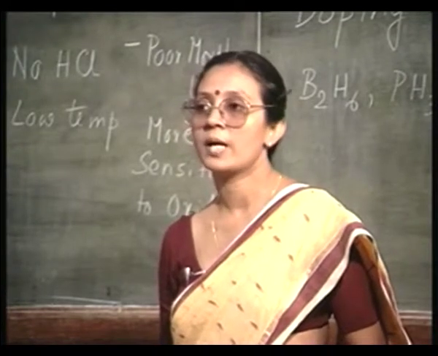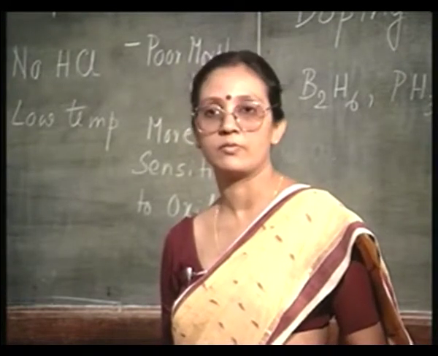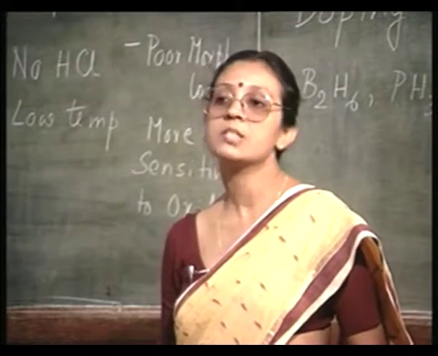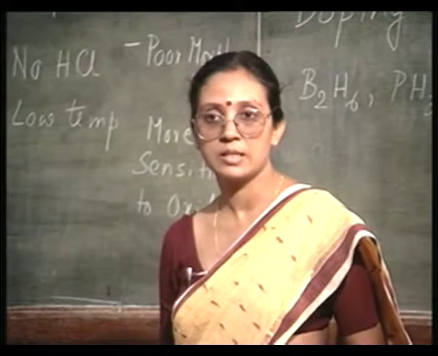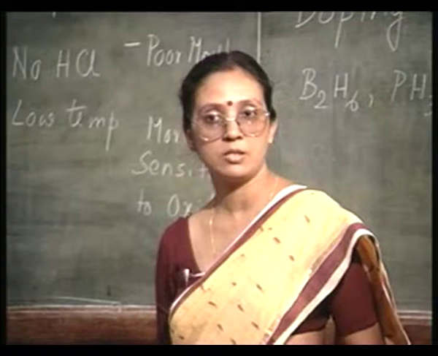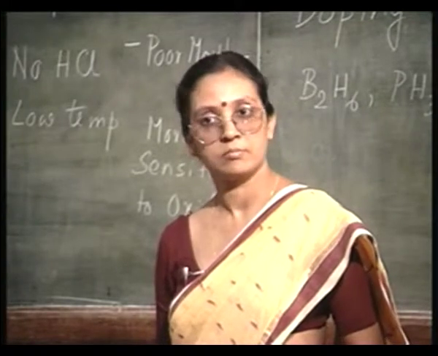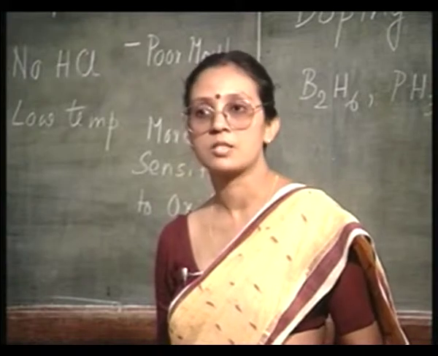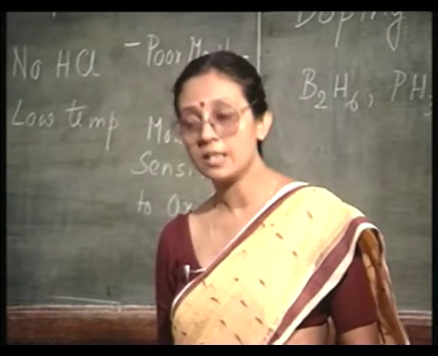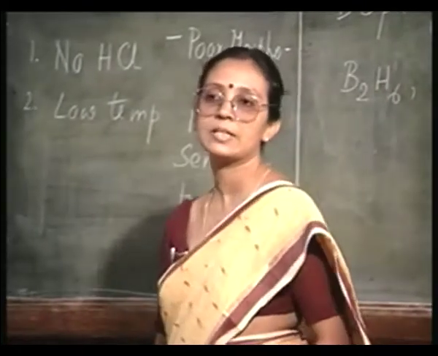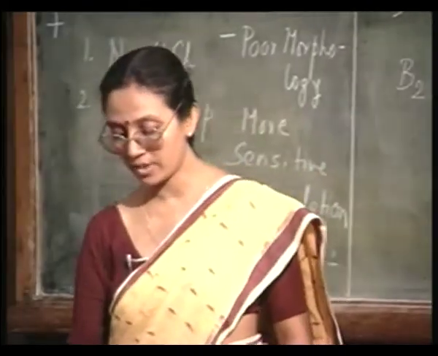So, if you have patches of oxide on the surface and then you are growing an epitaxial layer, there will be stresses generated in the epitaxial layer because of this difference in the tetrahedral radius. So, if you have stresses, it might result in dislocations. That is why it is absolutely essential to have a perfectly damage free and oxide free surface.